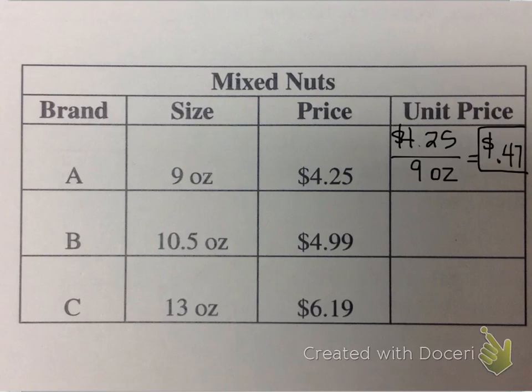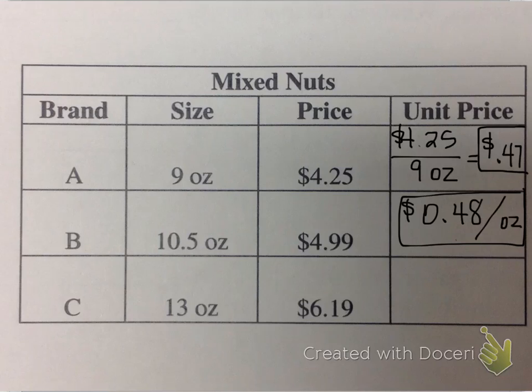What you'll probably see on a tag at the store would probably look like this, and they might say per ounce. Sometimes they'll draw a line and have per ounce like that, or they may actually write out per ounce, but again, that's for 1 ounce. 1 ounce would be 48 cents.